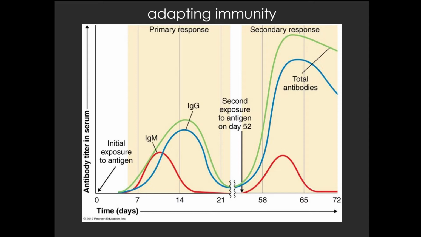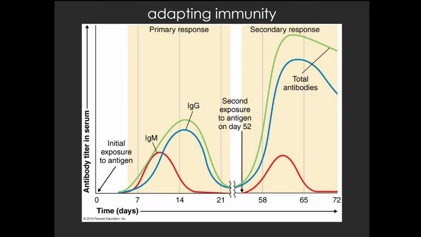So you really don't get a good primary response until about 2 weeks after a person has been inoculated with antigen, which again is why those innate defenses we talked about in chapter 16 are so important. Once the acute infection subsides, the overall level of antibody decreases sharply, but as you'll notice from the green line, right after day 21, it never disappears entirely, though the level of IgM will.